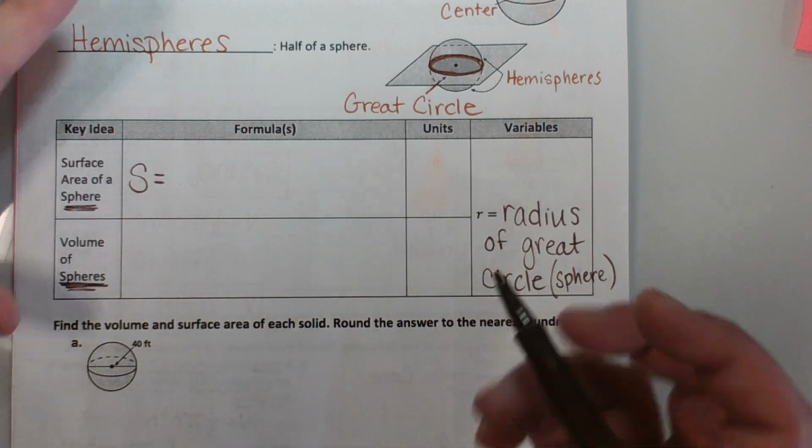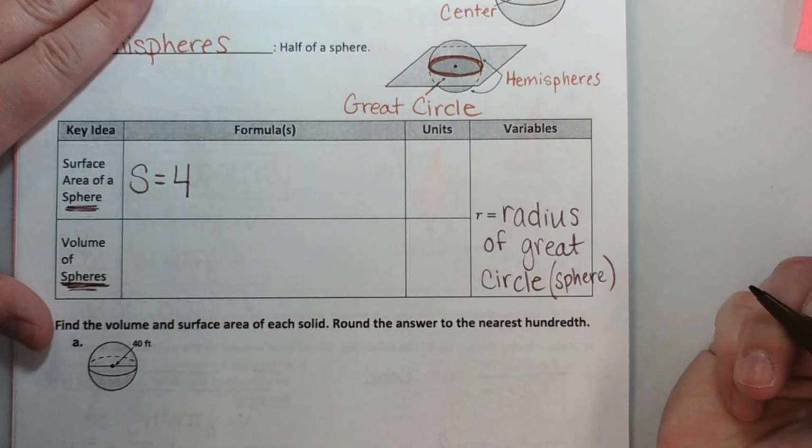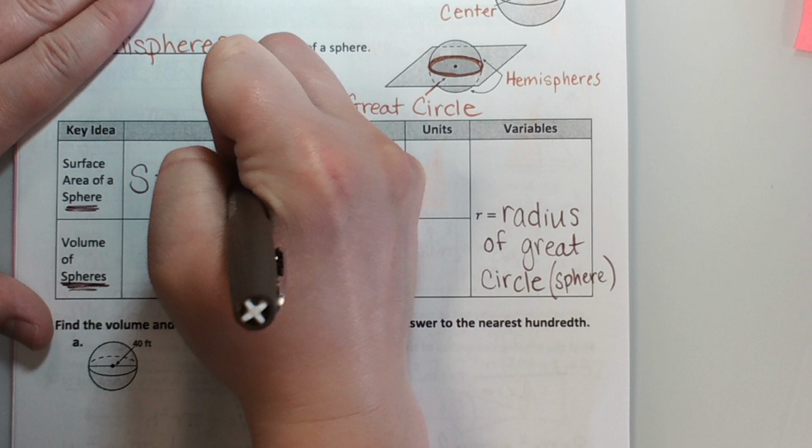So the surface area of a sphere is given by the formula 4 pi r squared.